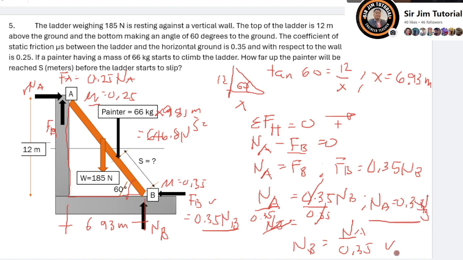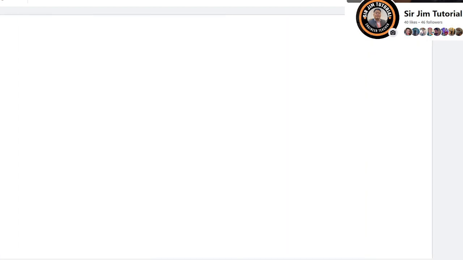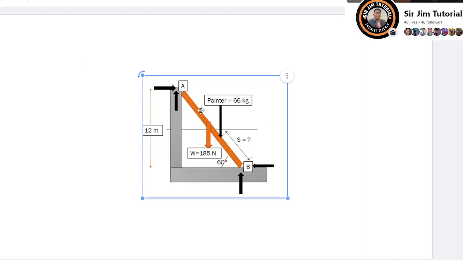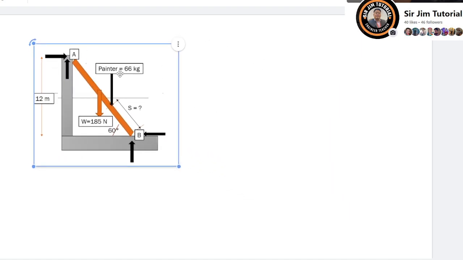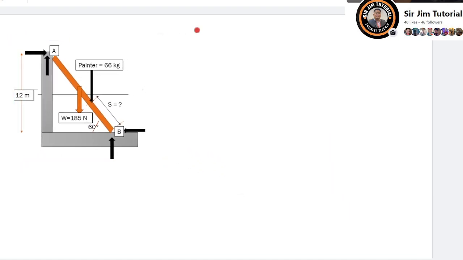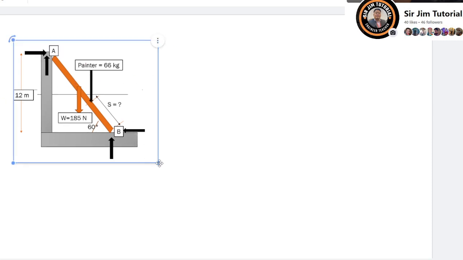So we have these values, which we are going to need in summing of the moment. Okay, so let's continue. Now we sum up forces vertical.